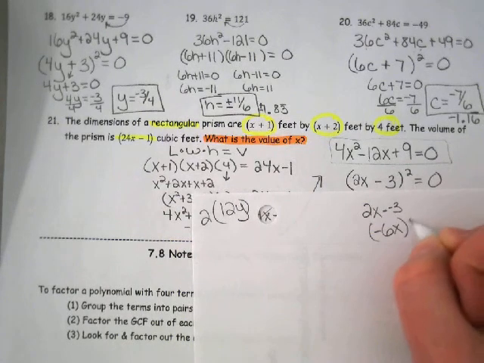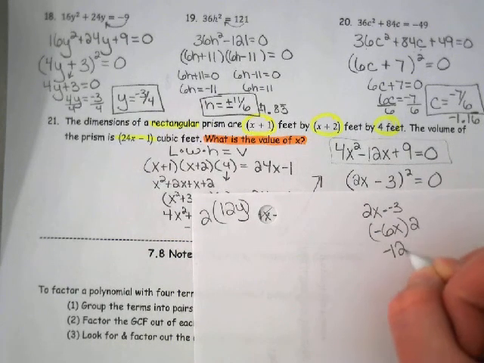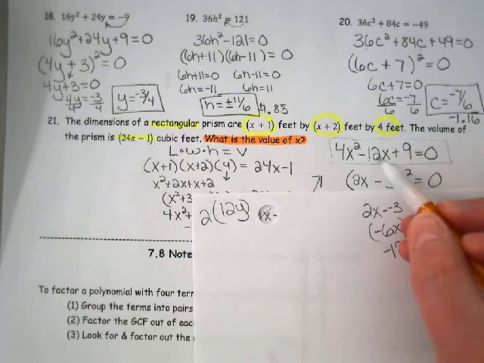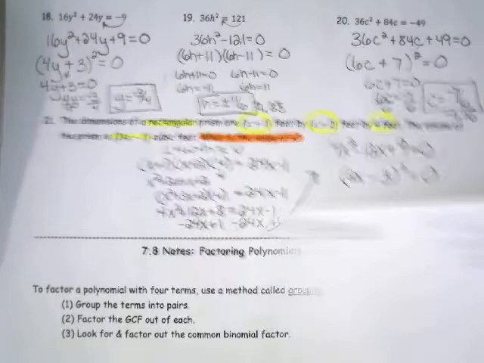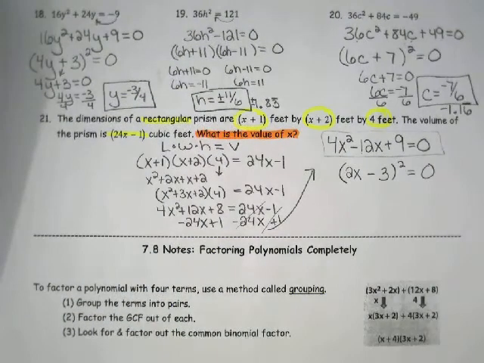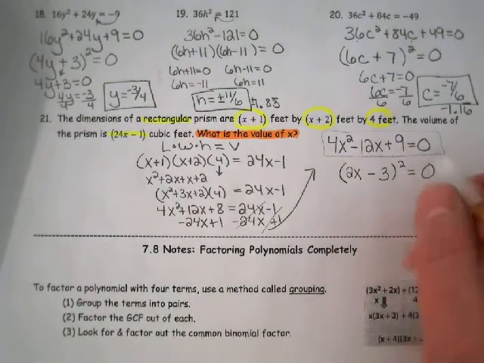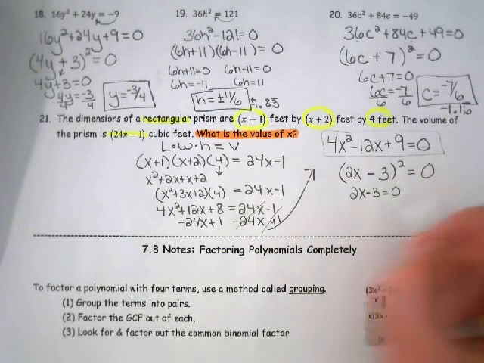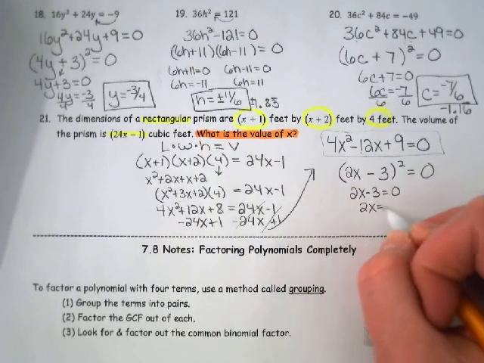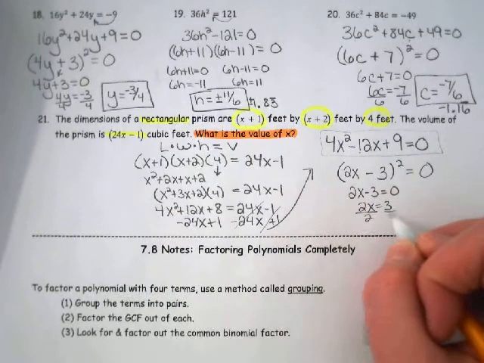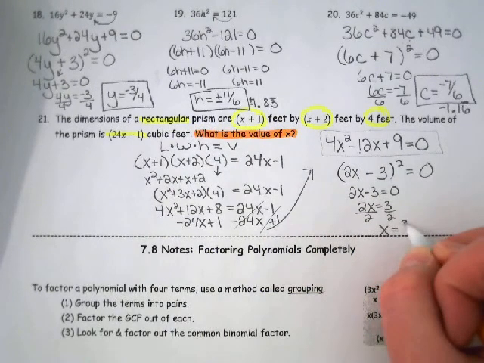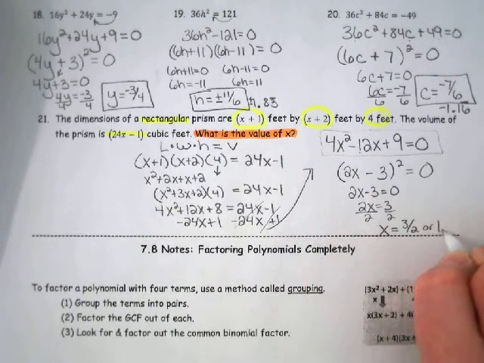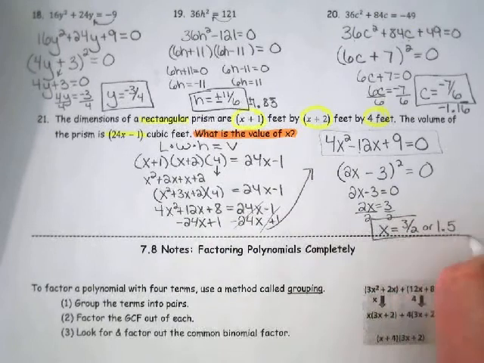So we're going to take the square root of 4x squared, the square root of 9. Then we know our symbols are both subtraction. We're going to test real quick. So we're going to do 2x times negative 3, which is a negative 6. And if we double that, we get a negative 12, which is correct. So I like to have that scrap paper kind of handy so that I can work those out.